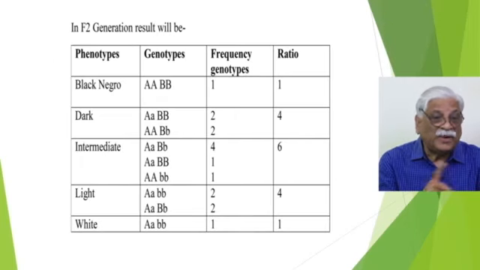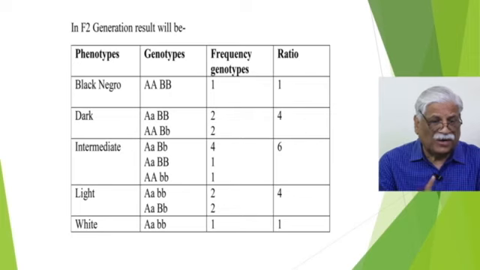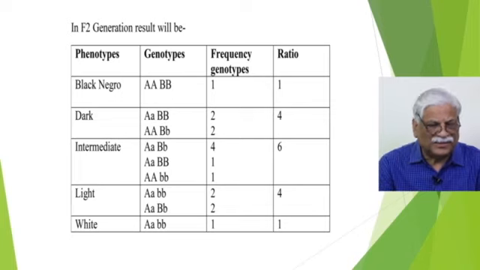One child will be completely black Negro and it will have a gene combination capital A, capital A, capital B, capital B. Another will be dark but not exactly black because it has a combination capital A, small a, capital B, capital B. Because small a has come here, the dark color is a little minimized.